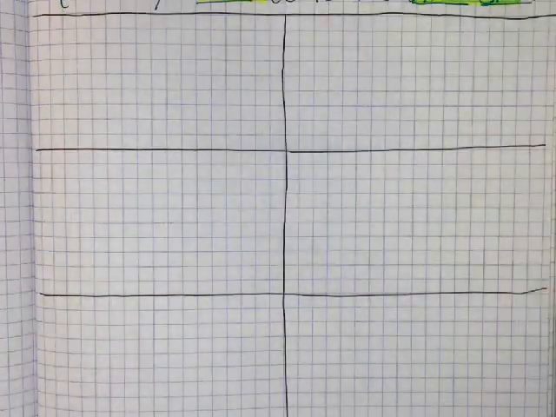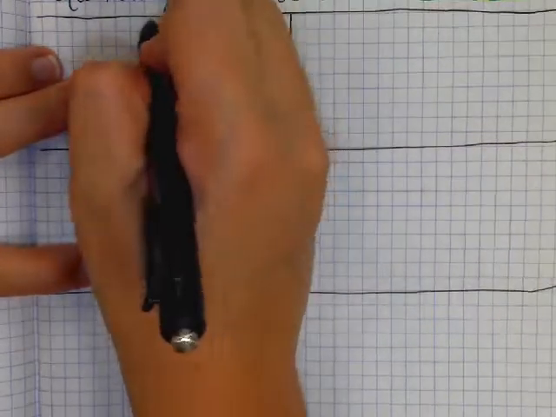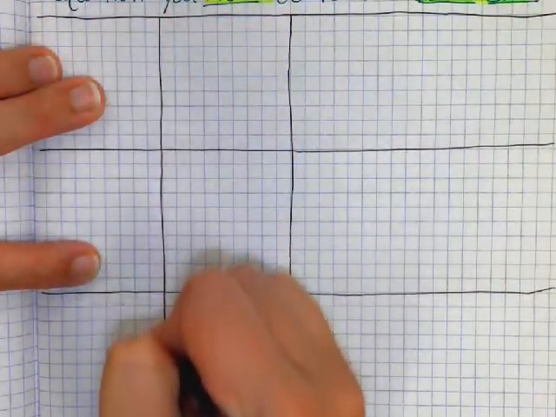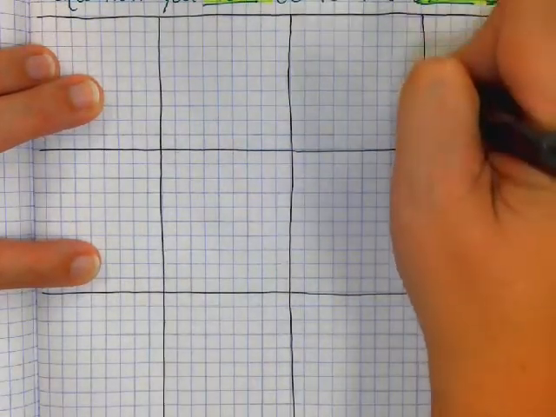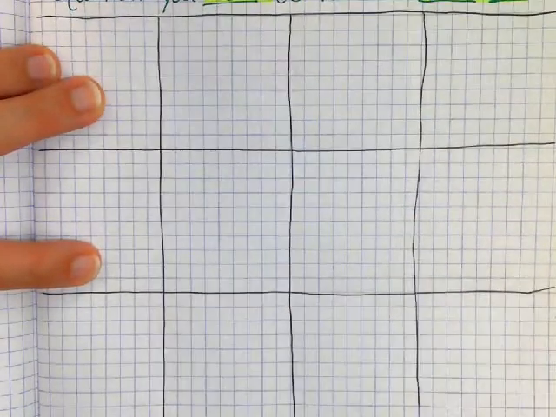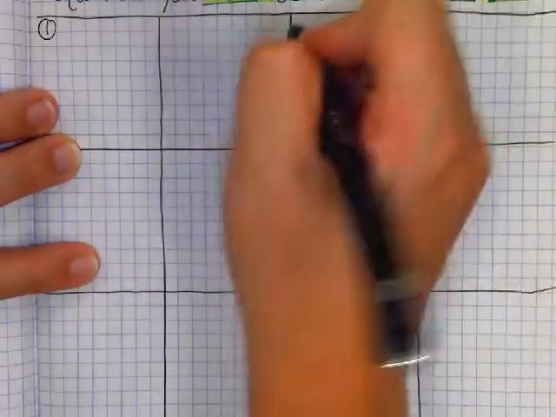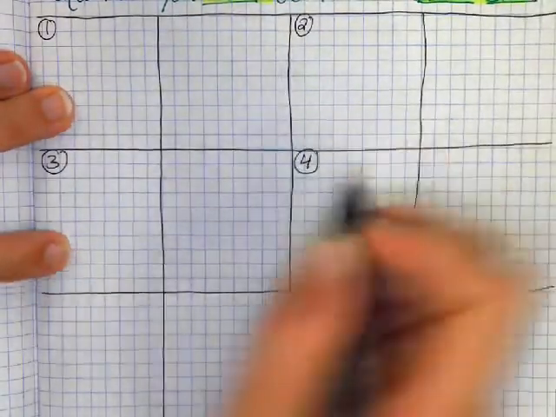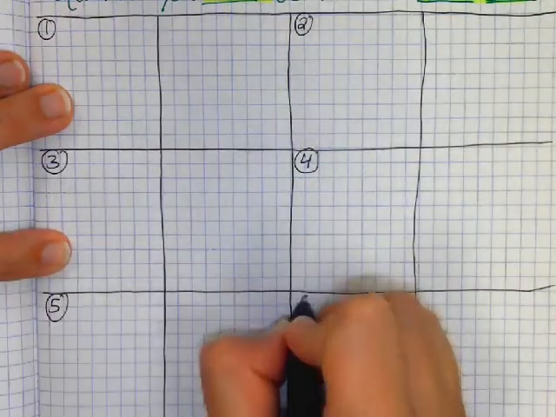But then I'm going to cut each half, so I'm going to make this into two columns. 1, 2, 3, 4, 5, 6.